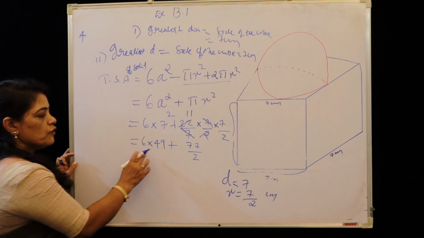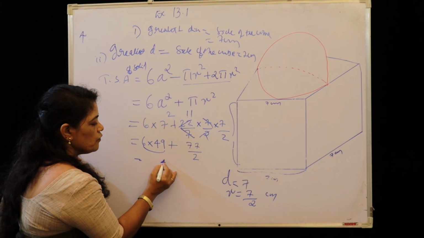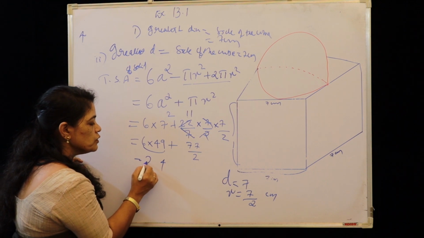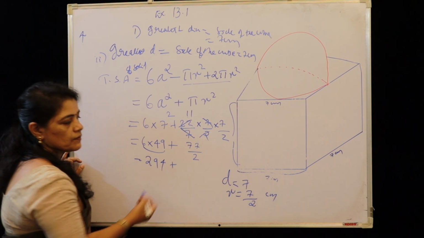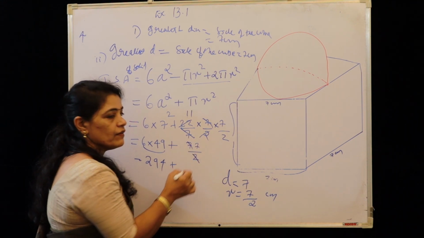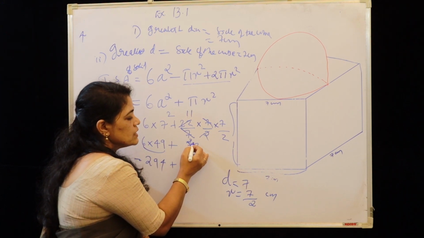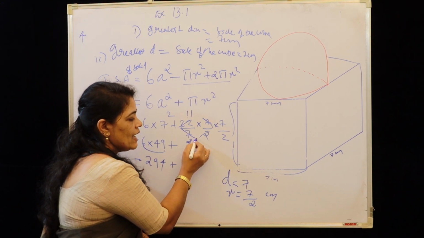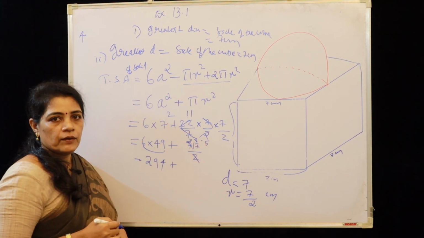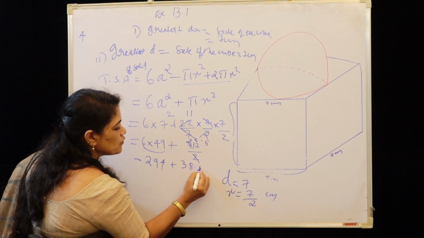By multiplication, 49 with 6: 6 nines are 54, 5 carry, 6 fours are 24 plus 5, 29, so 294. Plus 77 by 2, we can divide: 2 in 7, 3 times, 1 carrying to 7, and in 17, it is 8, 16, then 1 remainder, and in 10, 5. So decimal point, so 38.5.